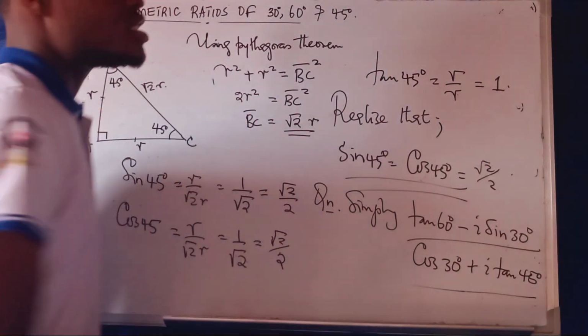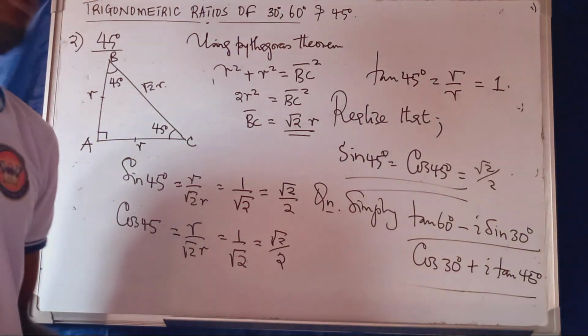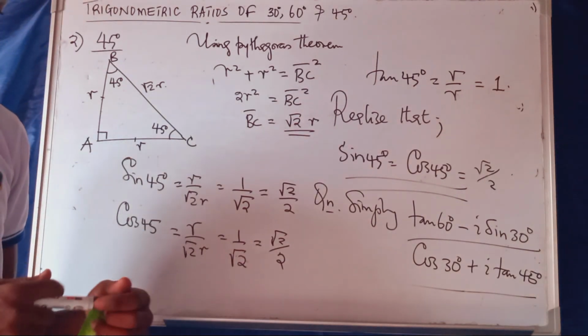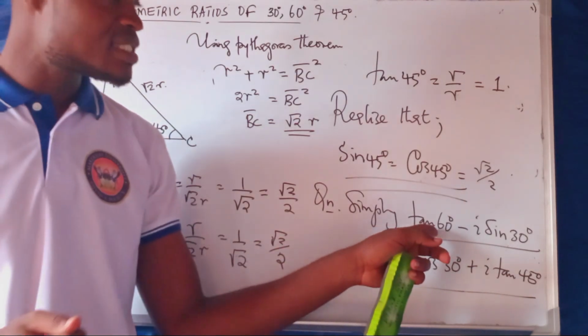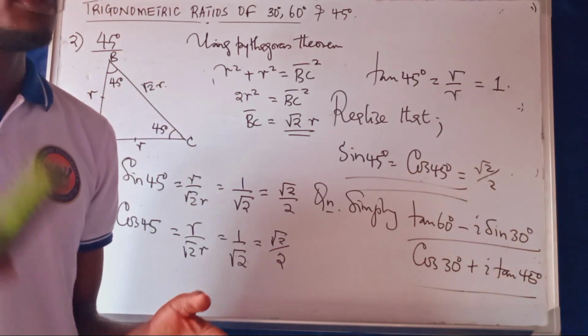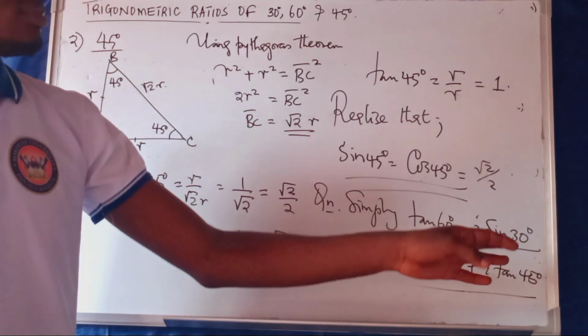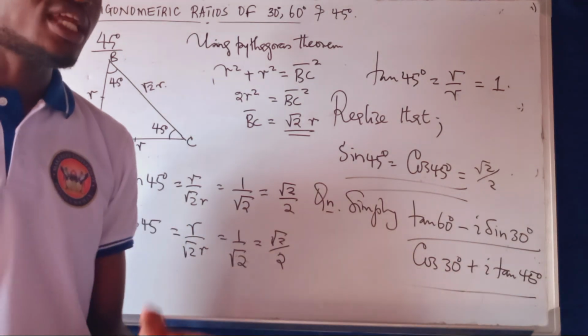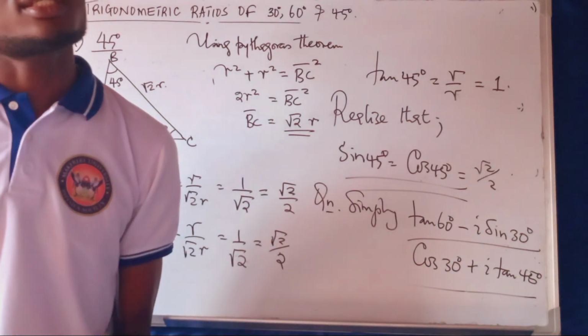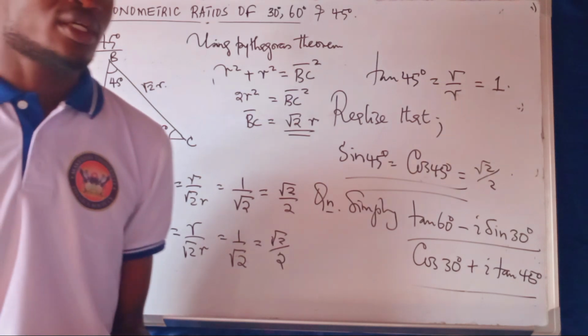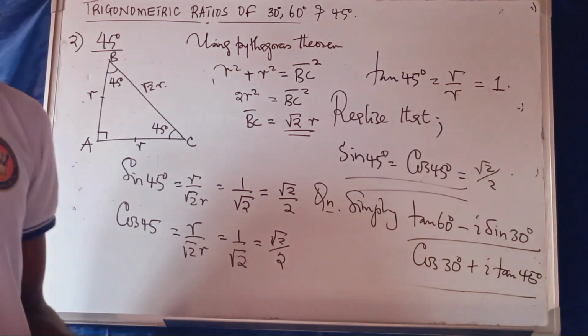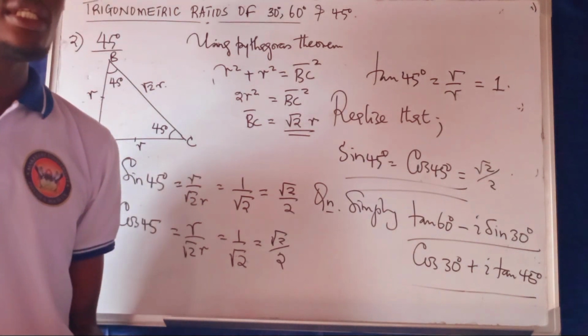So you don't need to hustle with this or with that. Just know the equivalence of tan 60. It is root 3, like we have talked about. Just replace, rationalize, and simplify your answer. As simple as that. So that makes it the end of today's lesson.